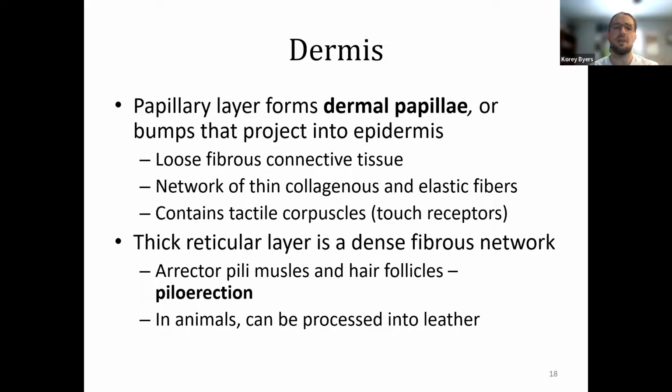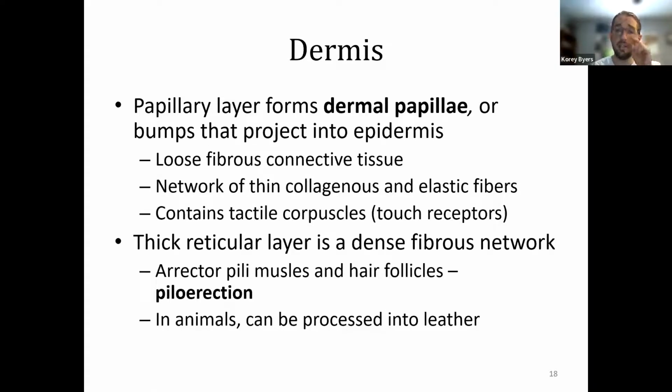If we had the tactile cells that do light touch, these larger receptors called tactile corpuscles are going to be dealing with large, thick, intense stimuli. And so that's what's going to allow for more of a stronger pressure response.